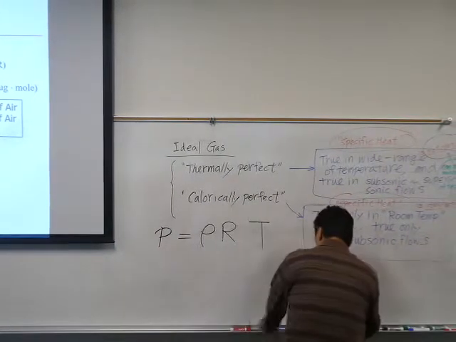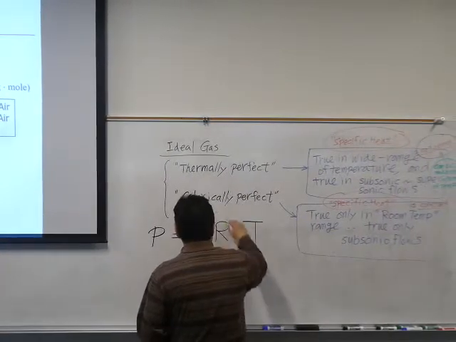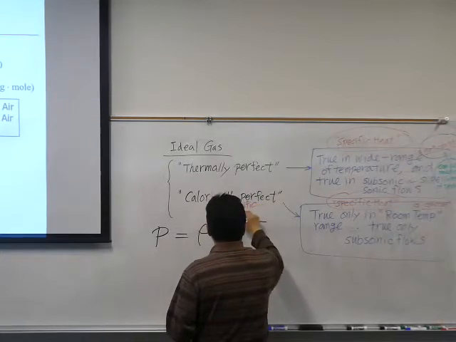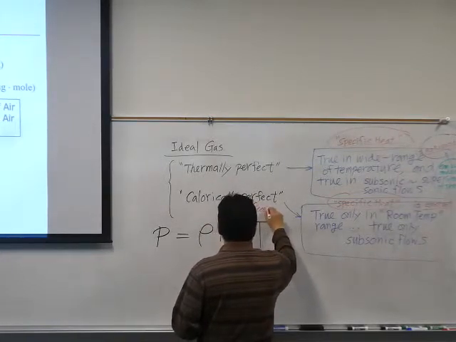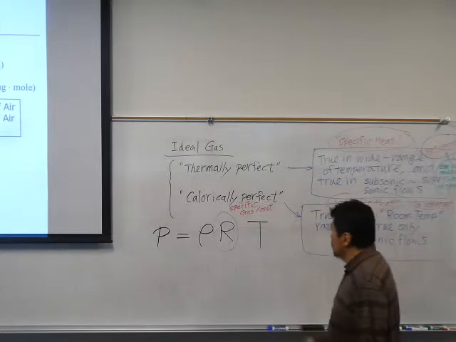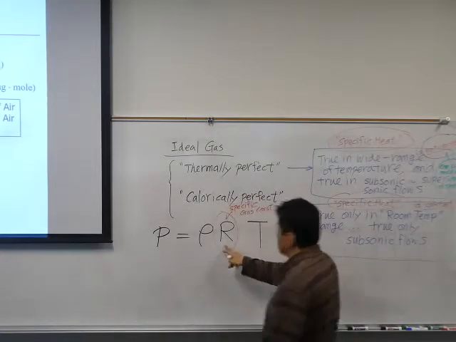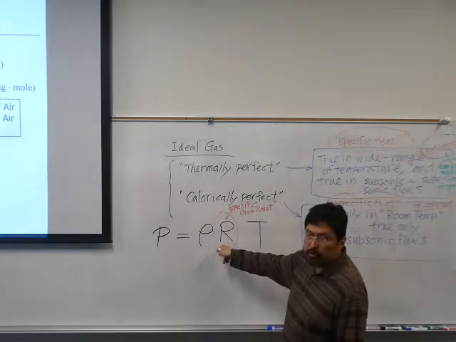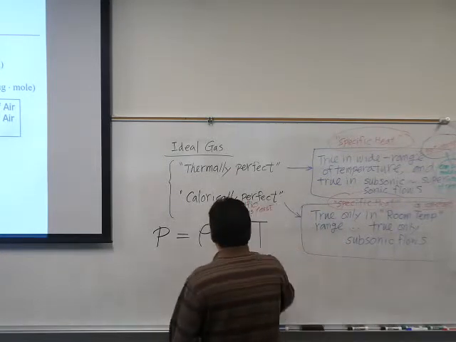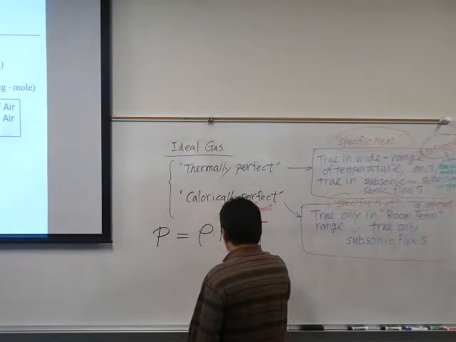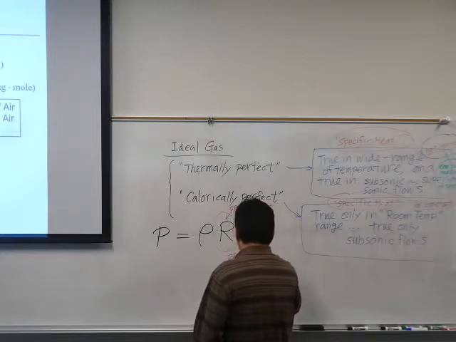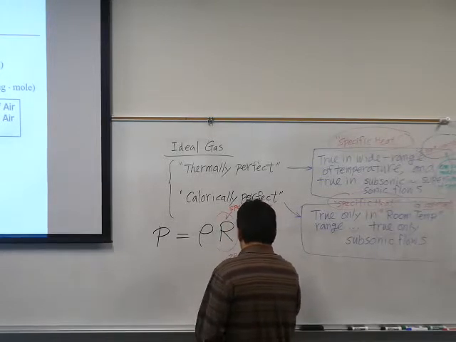Okay. Important thing about that, of course, this one is a specific gas constant. Specific gas constant, we looked at it already. This is 287 joule per kilogram K, or 1716 foot-pound per slug Rankine for air.